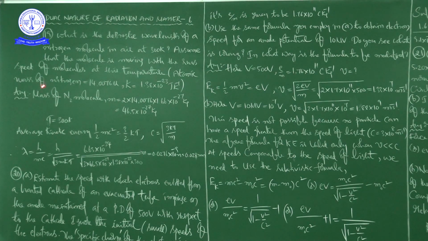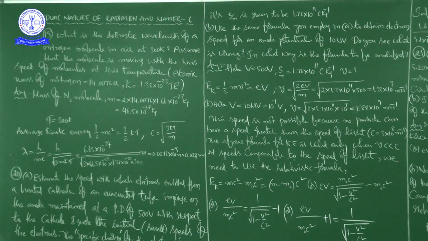Now see the problem and the answer. First we are going to calculate the mass of nitrogen molecule, that is small m, which is equal to 2 into 14.0076 into 1.66 into 10 to the power of minus 27 kg.